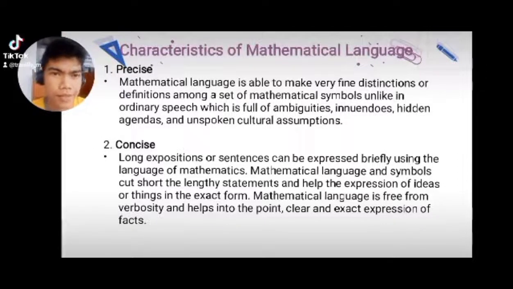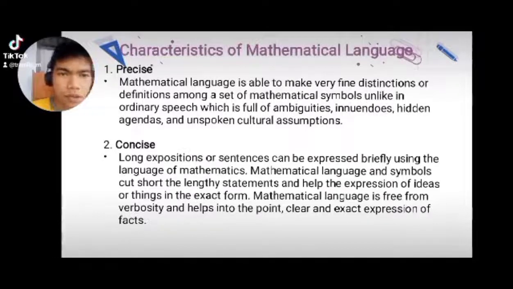Number one is precise. Mathematical language is able to make very fine distinctions or definitions among a set of mathematical symbols, unlike ordinary speech, which is full of ambiguities, innuendos, hidden agendas, and unspoken cultural assumptions. Number two, concise.